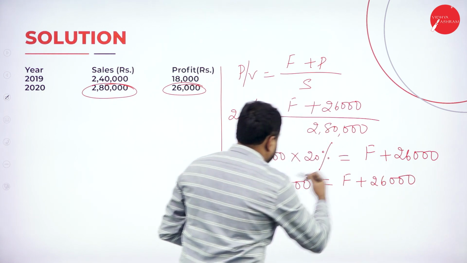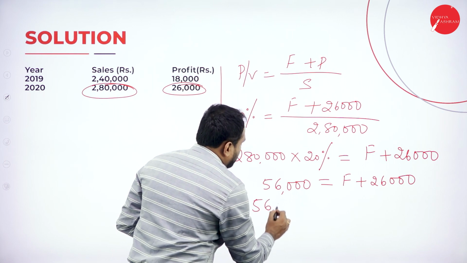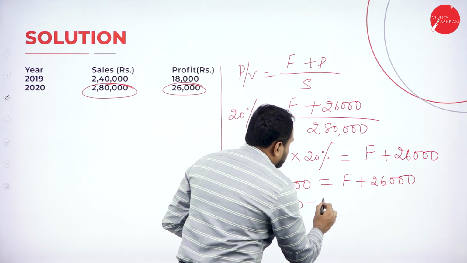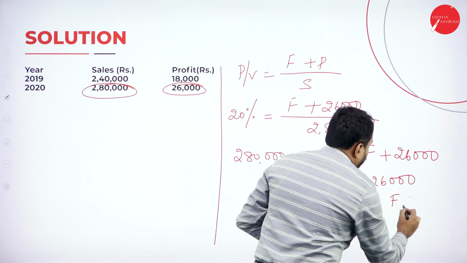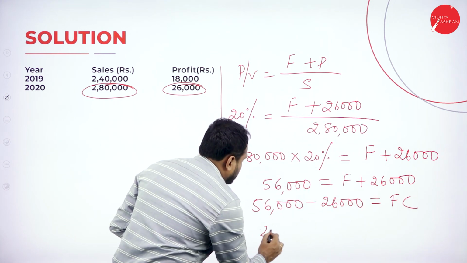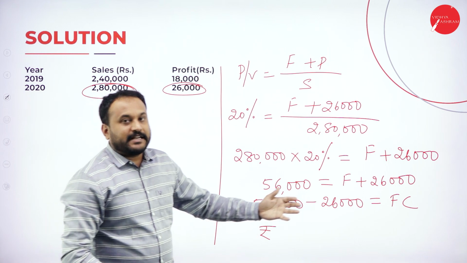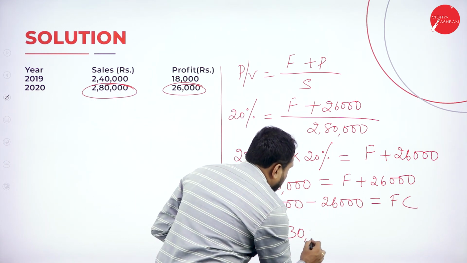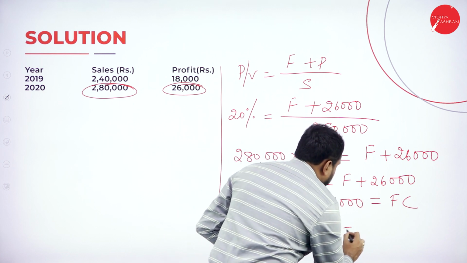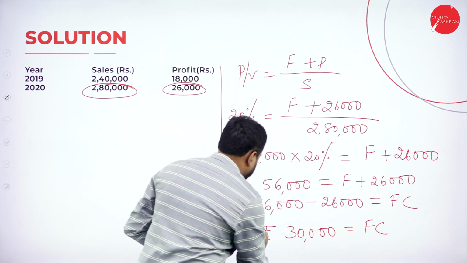Go with the steps, no issues. Now this 56,000 will be here minus 26,000 is equal to fixed cost. Now 56,000 minus 26,000 is 30,000. That is, 30,000 rupees is equal to fixed cost.